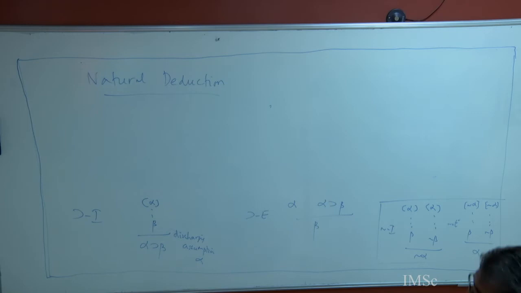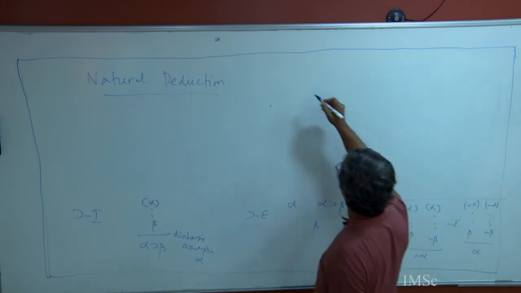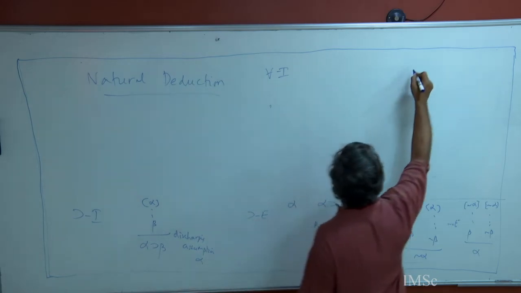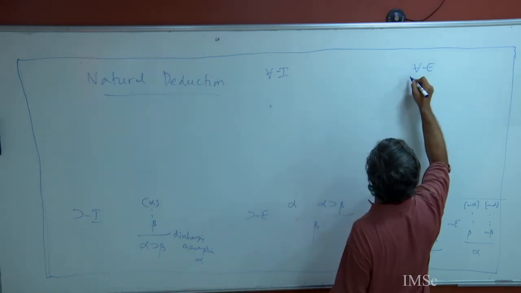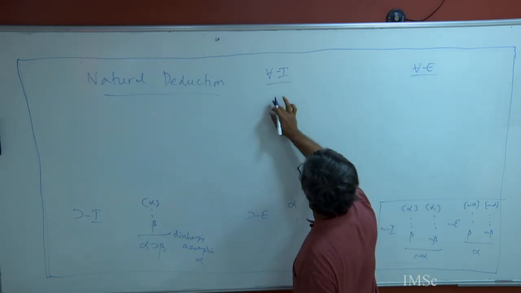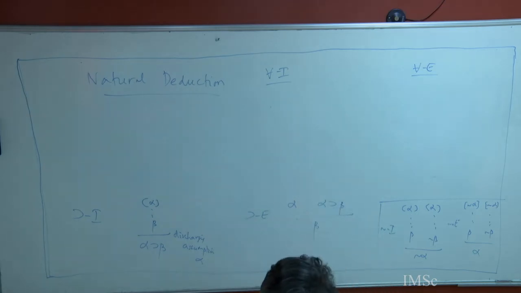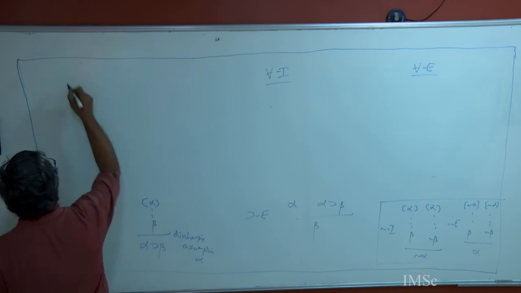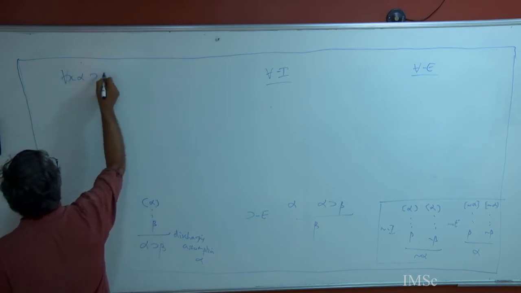What would be the for all introduction rule? If you want, I'll write the quantifier axioms to remind you. What were the quantifier axioms in Hilbert style?